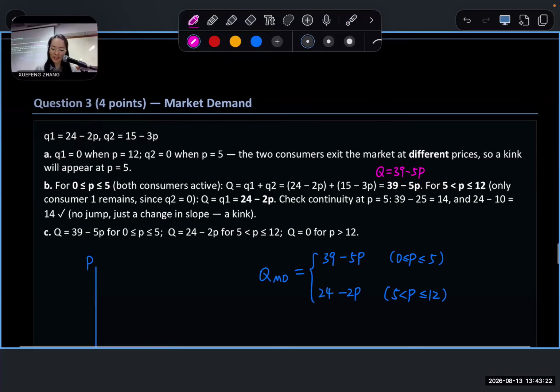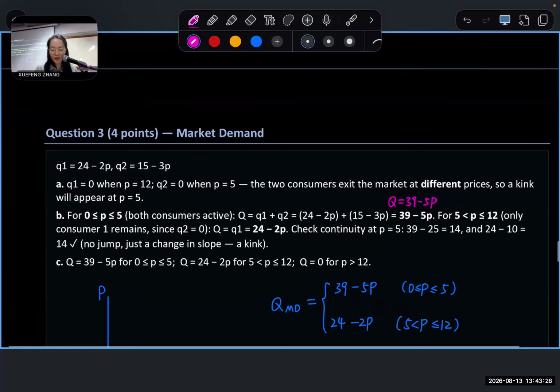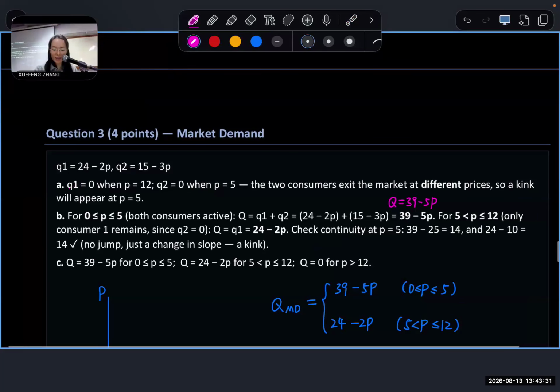Can you solve it? I'm really worried about you guys. Okay, so let me show you. If Q1 equals 0, that means 0 equal 24 minus 2p. Can you solve this for p? Yes. So p equal 12, right?